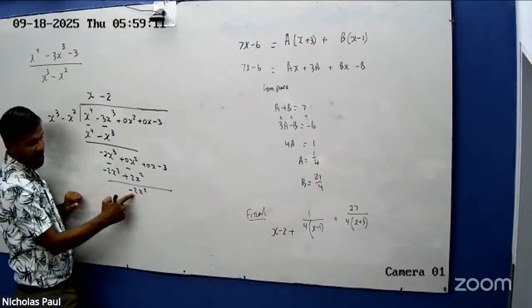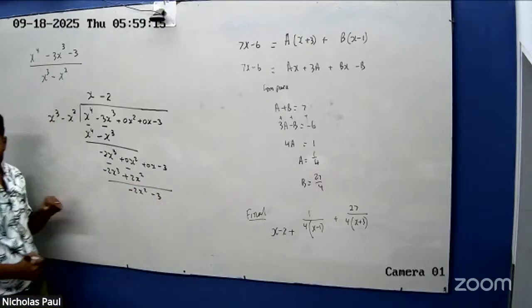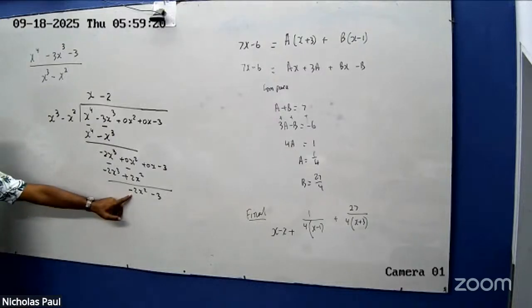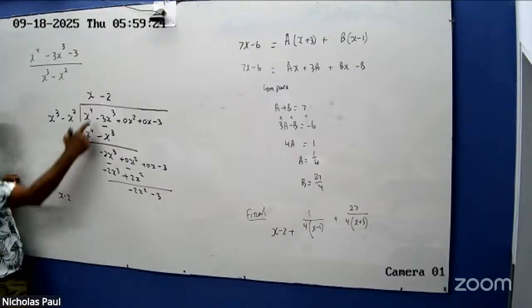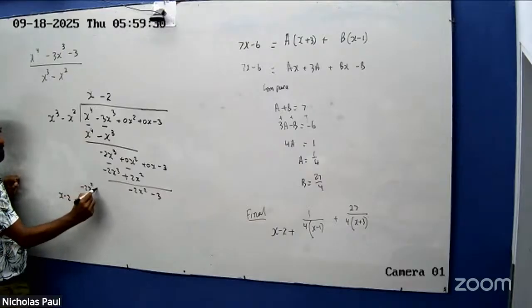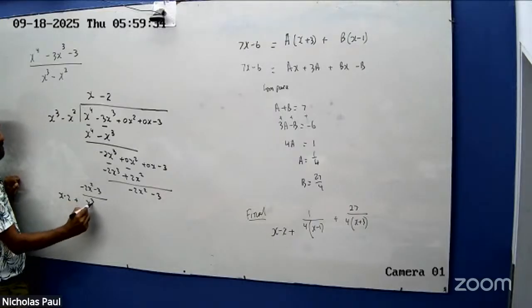Check your signs, because people add plus. And then you bring down the minus 3. So it should be minus here. So your final answer is x minus 2, and you could write plus minus 2x squared minus 3 all over x cubed minus x squared.